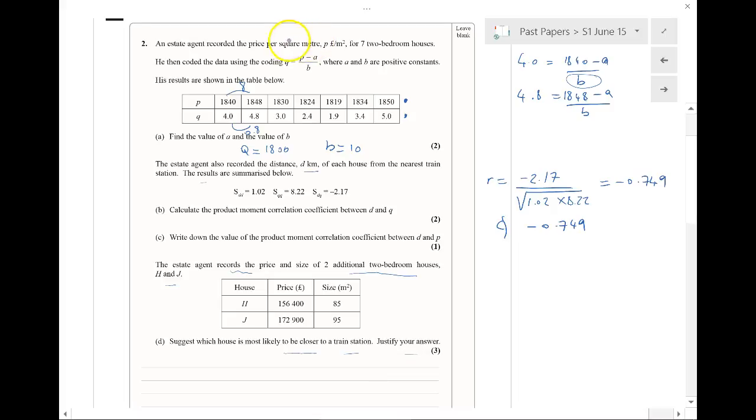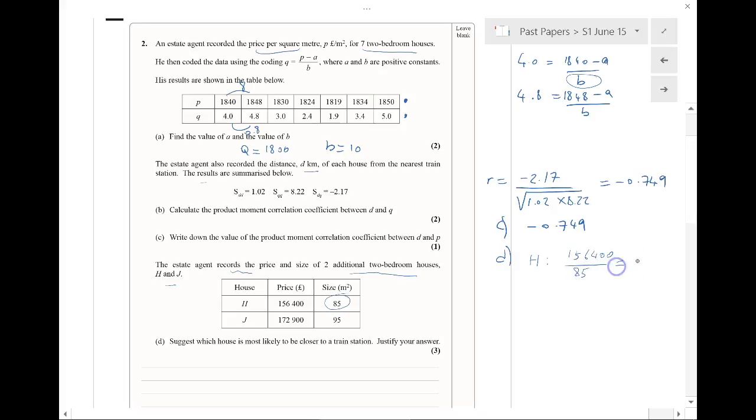Okay, this is to do with the price per square metre for 7 2-bedroom houses. So the first thing we really need to do is find the price per square meter for this. So let's find the prices per square meter. So for house H, that's 156,400 divided by 85.